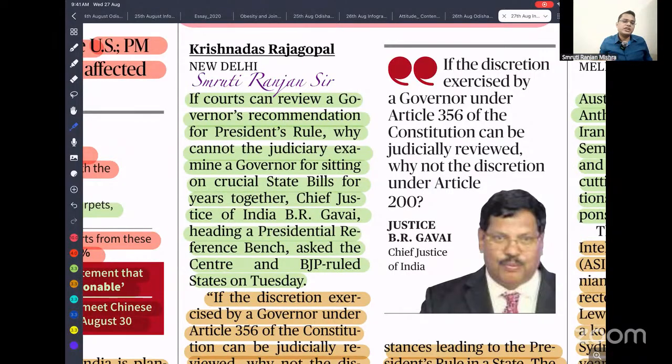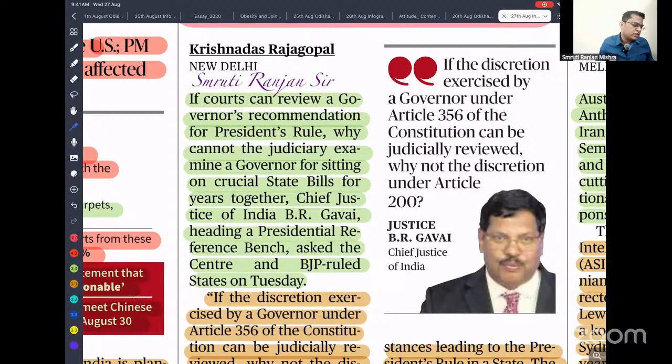If you look at the original constitution, there is no time limit for the governor and president to act on any bill passed by the state legislative assembly or the parliament. But the Supreme Court's recent verdict in the Tamil Nadu governor case said that the governor and president need to act on the bill within 3 months. That led to the controversy, and the president filed a reference under Article 143 to clarify that.